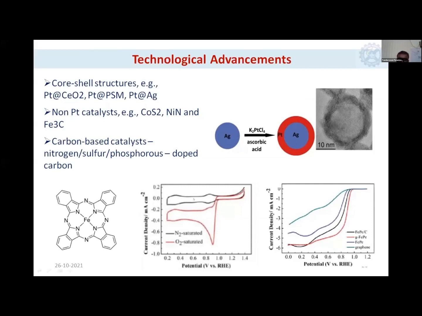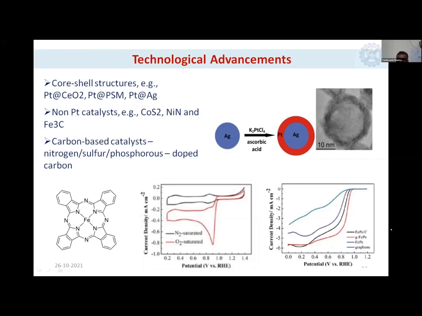You can see here this iron phthalocyanine gives no oxygen reduction peak while you are using a nitrogen-saturated electrolyte. It is 0.1 molar perchloric acid. While you are saturating it with nitrogen, you will find no oxygen reduction peak. But while you saturate it with oxygen, you are seeing a sharp oxygen reduction peak at around 0.9 volt RHE.